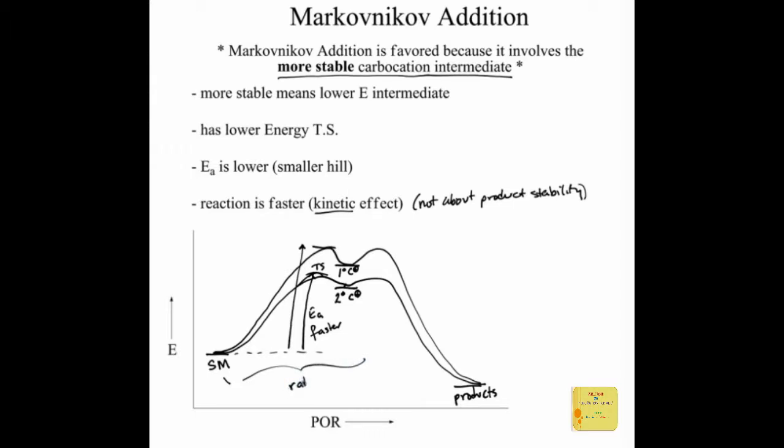This is our rate determining step. It's going to be very difficult to protonate and form the carbocation. That is an uphill battle, and so because this is a faster step, that means overall it's a faster reaction since it's a rate determining step.